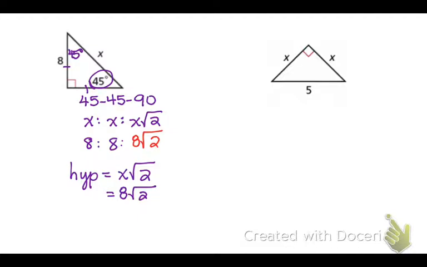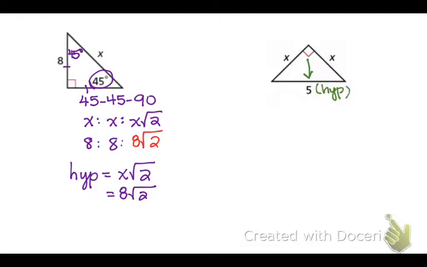So let's look at a slightly different example here. Again, we've turned this right triangle in a different orientation than what we're used to. The first thing I want to look at is what side of the triangle they've got labeled with a number. Well, that's opposite of the right angle, which means this side has to be the hypotenuse.